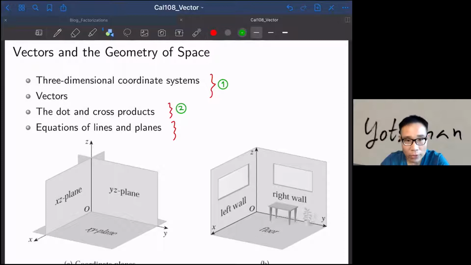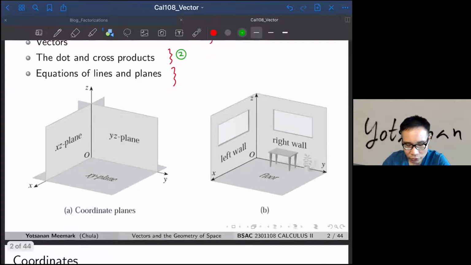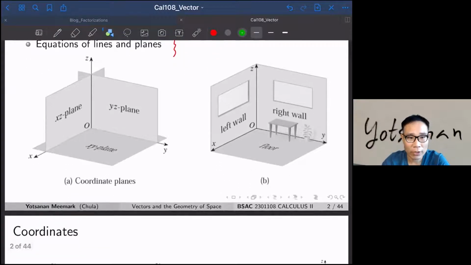Okay, so the first thing that I'd like you to notice in this picture is, in order to talk about the three-dimensional space, the three-dimensional space consists of the x-axis, the y-axis, and the z-axis.